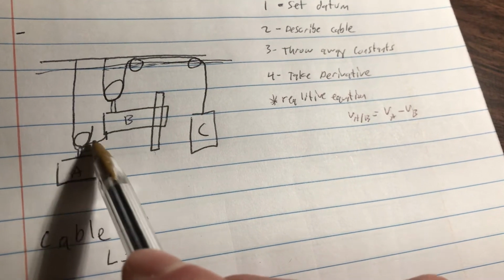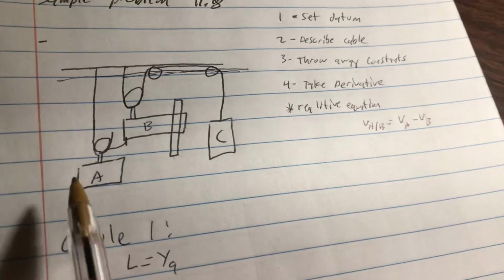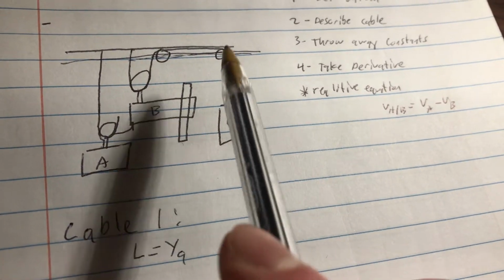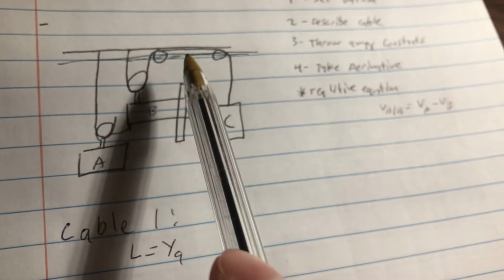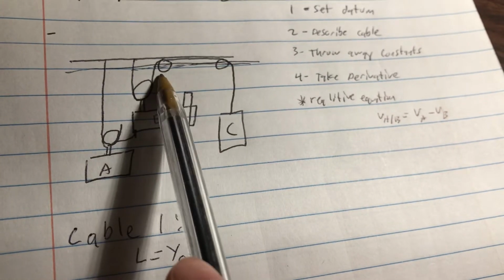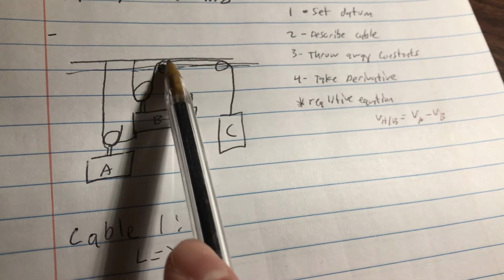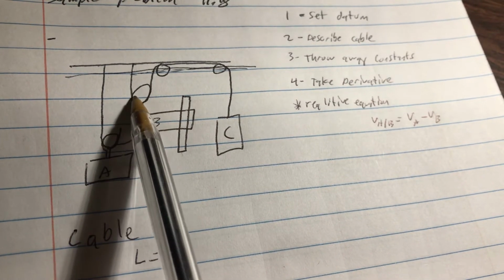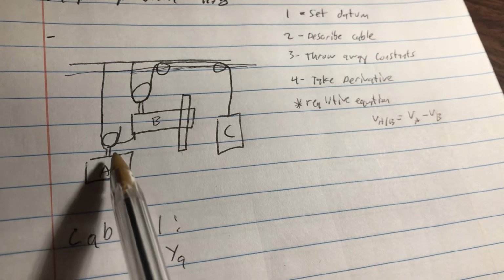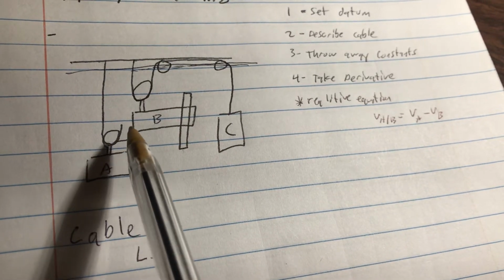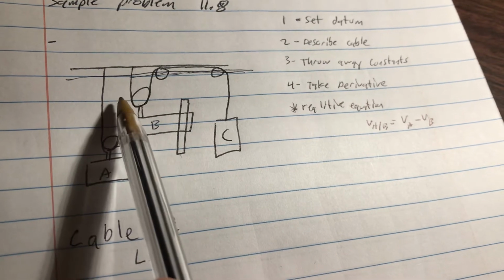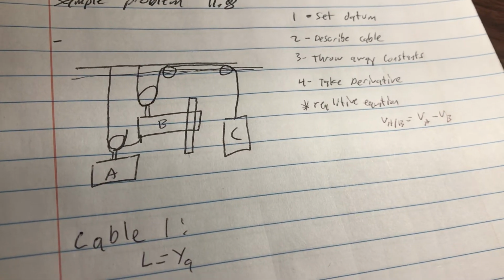Usually, you only have a constant when you have it between two fixed points that don't move, like up here and here, or around a pulley, or in between a wall and a fixed pulley.